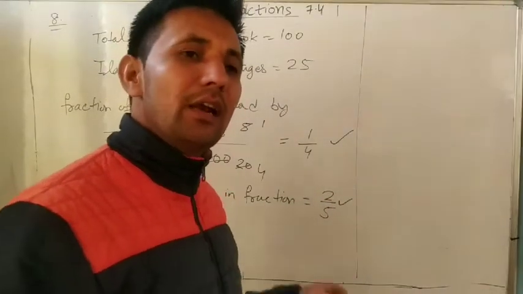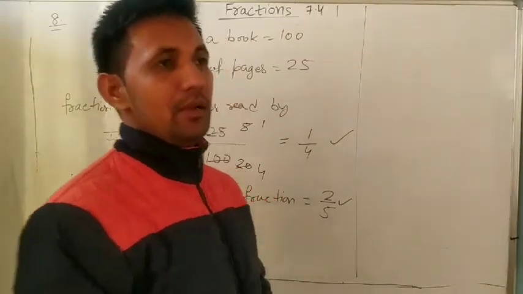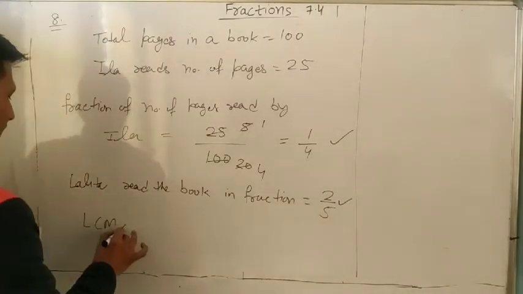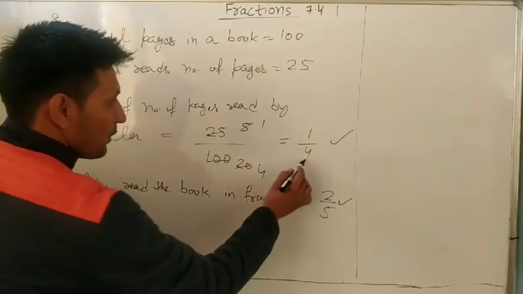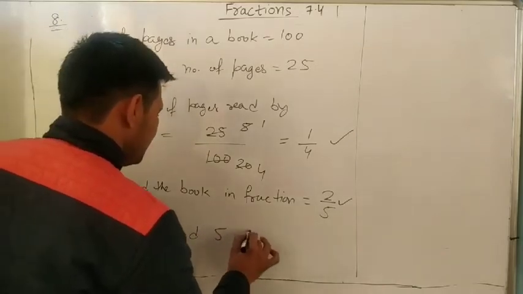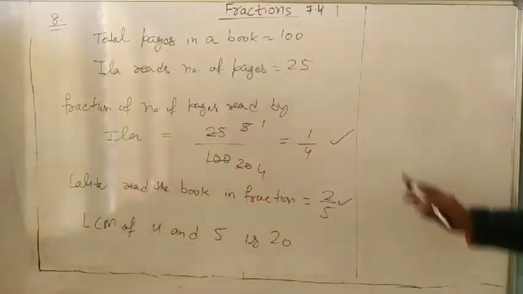We can do it by comparing fractions. How can we compare fractions? By taking LCM. You can write the LCM of 4 and 5, it comes to 20.